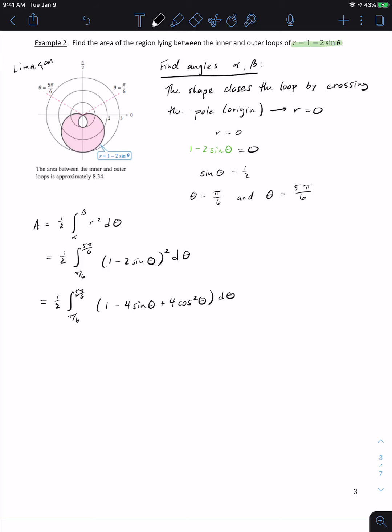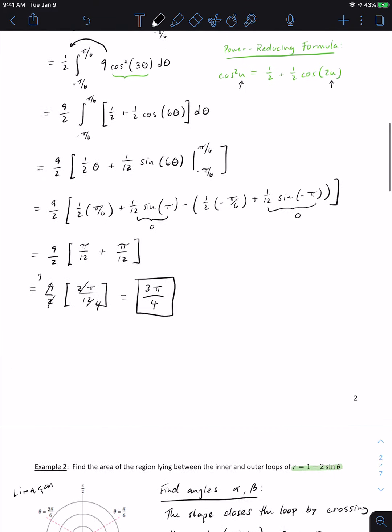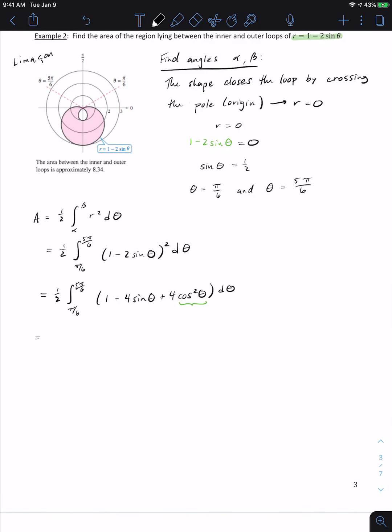Once again, I'm going to use the power reduction formula. I don't want to write it again, but it's the power reduction formula that I've written right here. So I end up getting 1/2 the integral from pi over 6 to 5 pi over 6 of 1 minus 4 sine theta plus 4 times 1/2 plus 1/2 cosine.